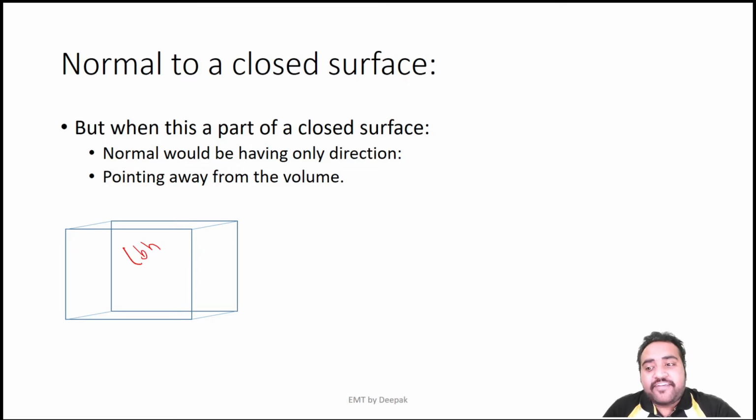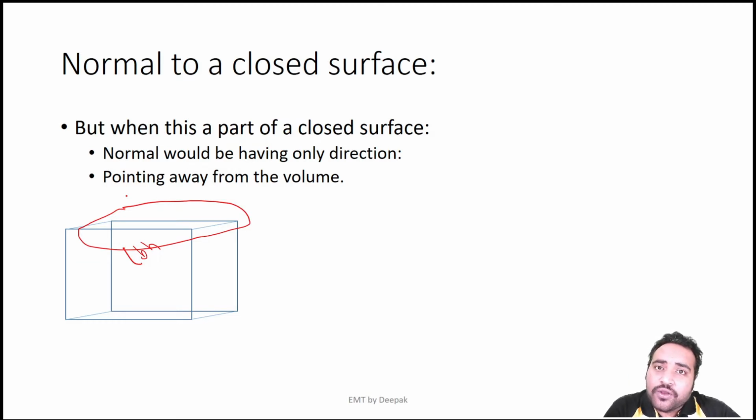If by some chance this part is not present, then the surface would remain an open surface. It would not become a closed surface.